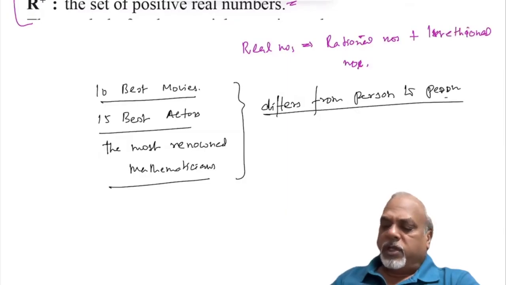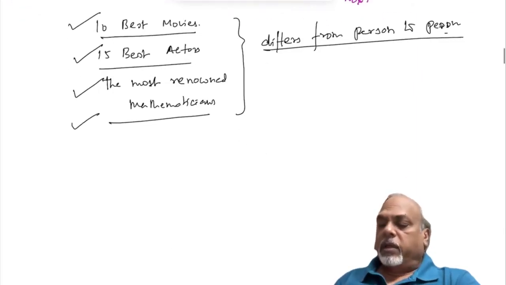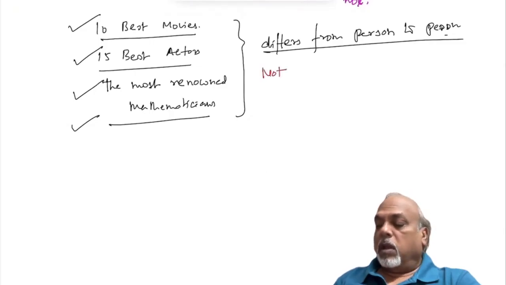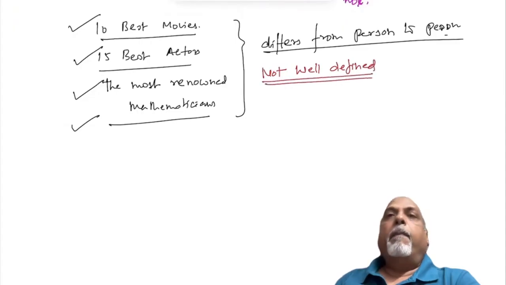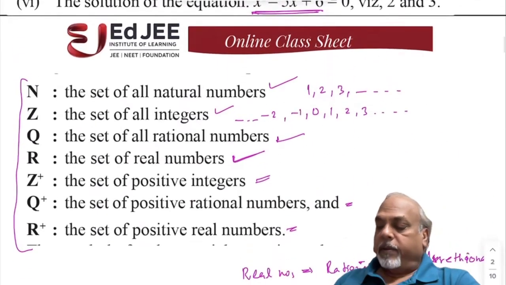So such a collection of data, we can call it not well defined. Correct? Like we have seen here, it is all well defined.